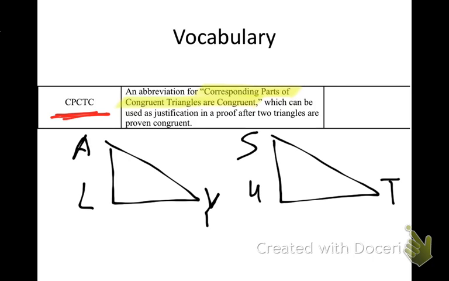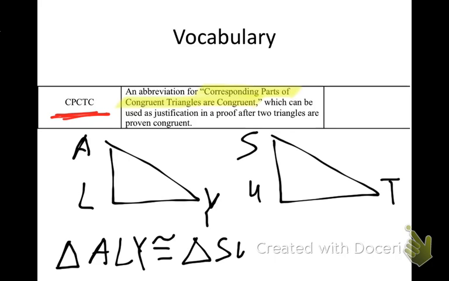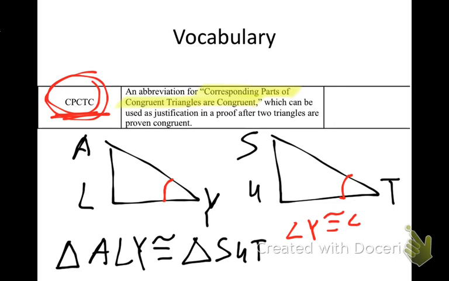Well, if I'm telling you that triangle ALY is congruent to triangle SUT, CPCTC means all the corresponding parts of that triangle are congruent. So if the triangles are congruent, that means angle Y is congruent to angle T.